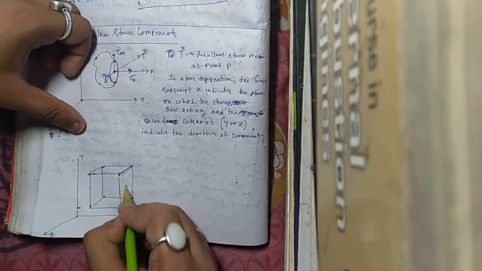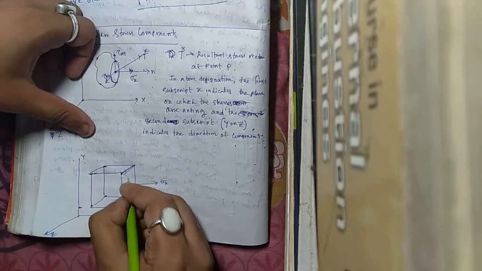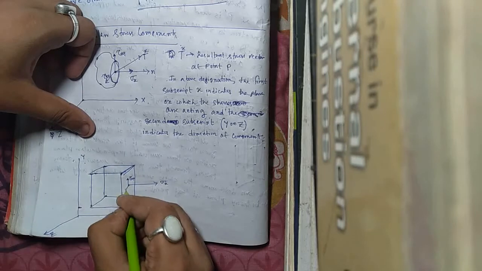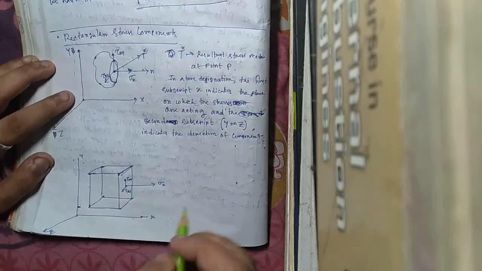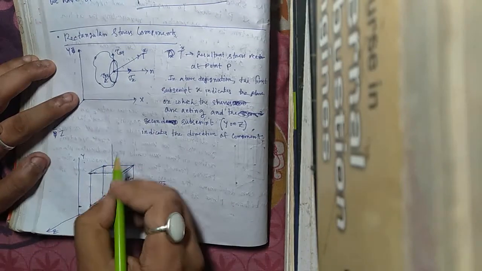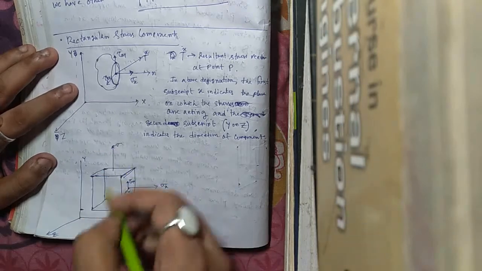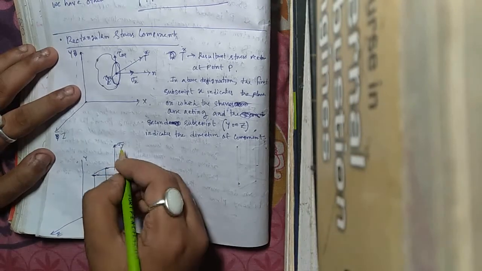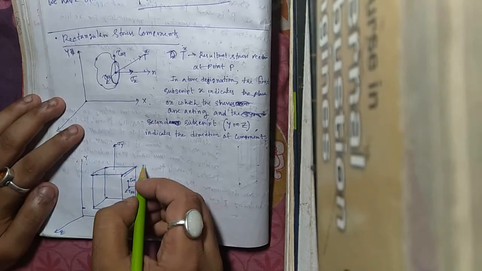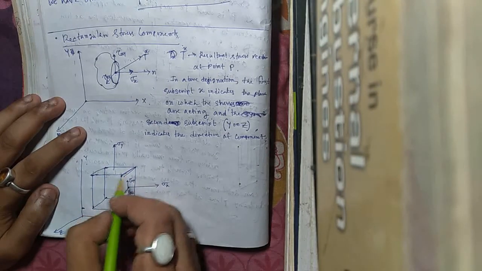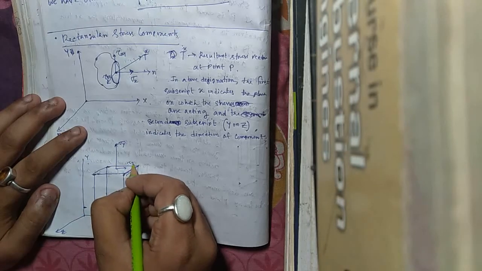we can draw, this is sigma x, this is tau xy, this is tau xz. At this plane, which is normal to the xz plane, it means sigma y, and on the perpendicular planes there is tau y.